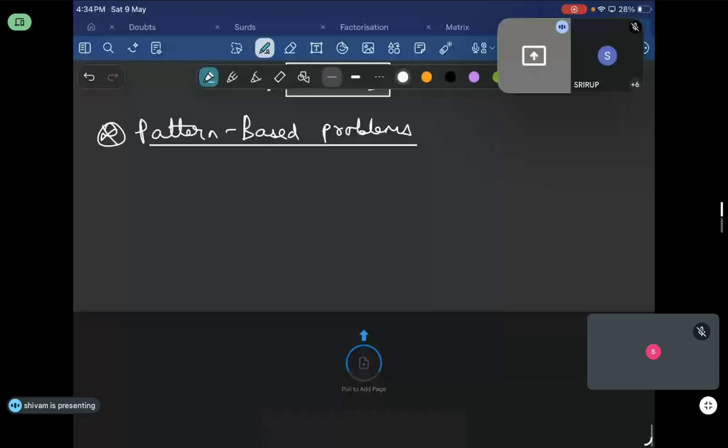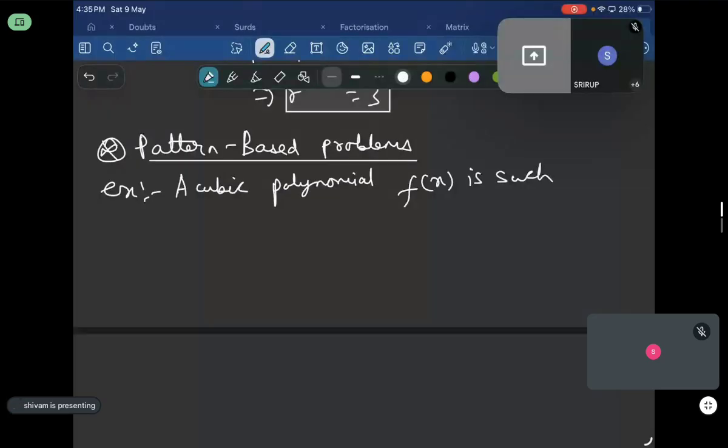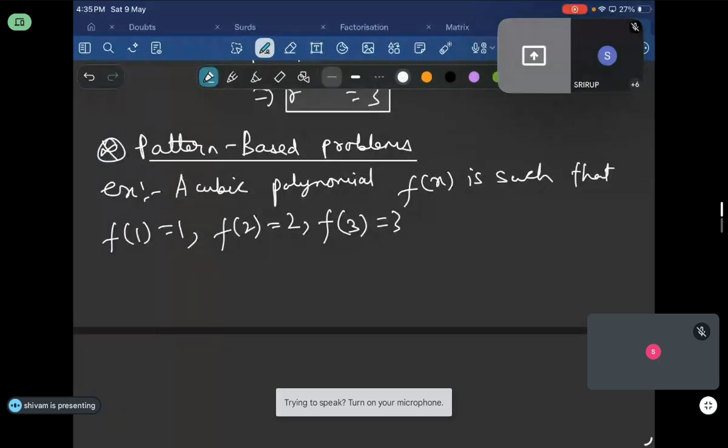A cubic polynomial f of x is such that f of 1 equal to 1, f of 2 equal to 2, f of 3 is equal to 3. It's a cubic polynomial, and f of 4 is equal to 5. You need to find f of 6.